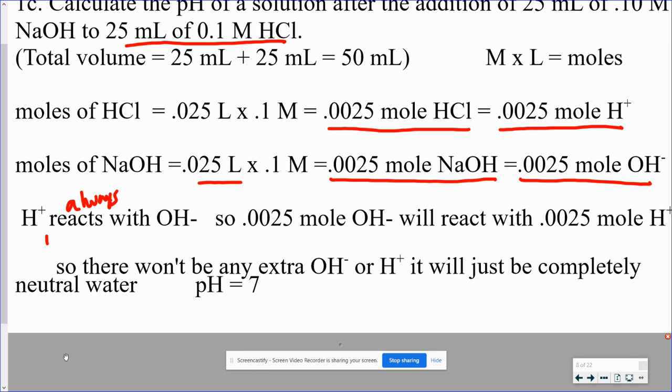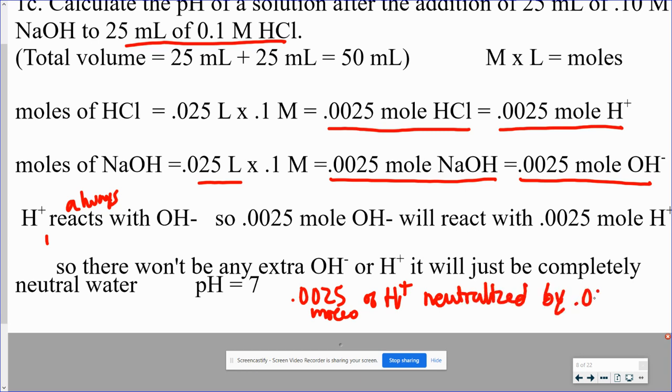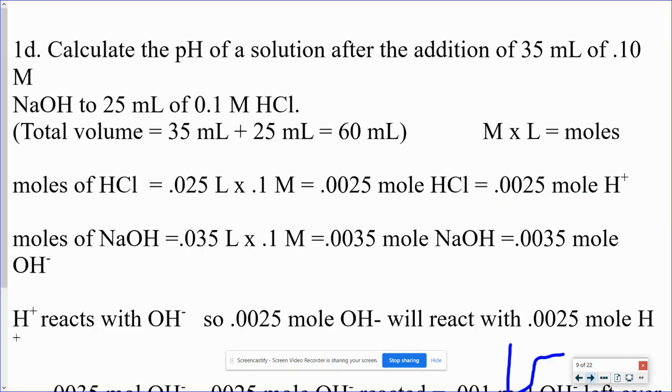So that's going to be a pH of 7, okay, because I had 0.0025 moles of H+ that was neutralized by 0.0025 moles of OH-. Complete reaction. Okay, so that would be a pH of 7. I would be at the equivalence point.